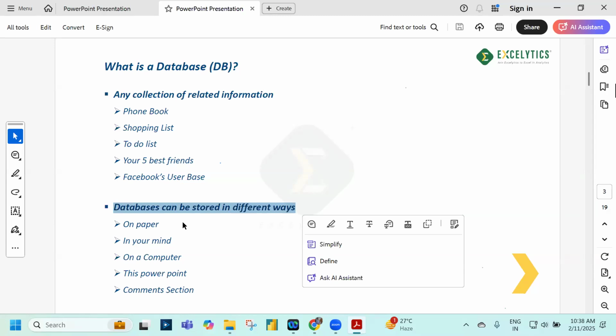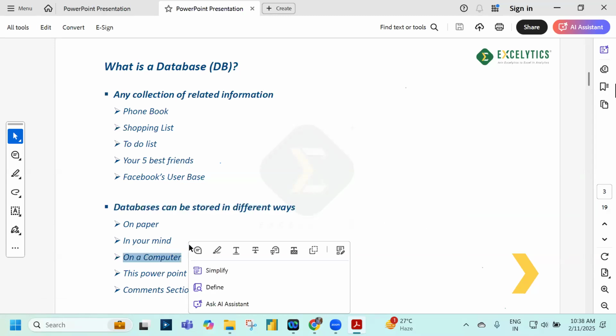Forgets all important things, remembers all unnecessary things. That is a very dangerous database, I would say. But the best place to store a database is a computer, because computers have hard disks, SSDs or NVMe drives. So there you can store your data. Solid state drives.